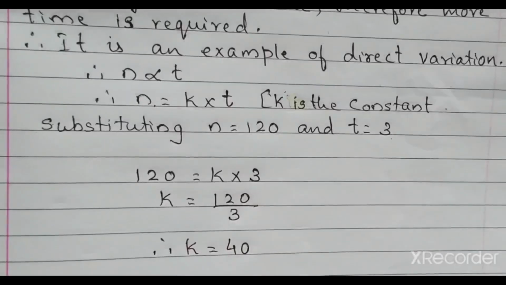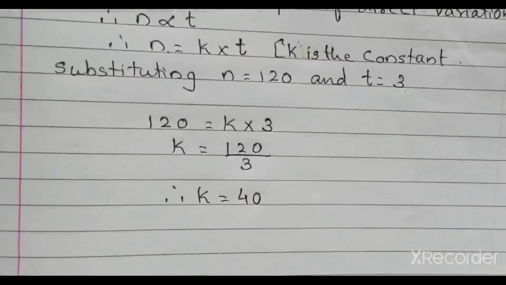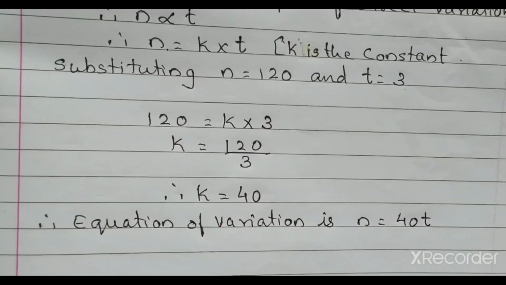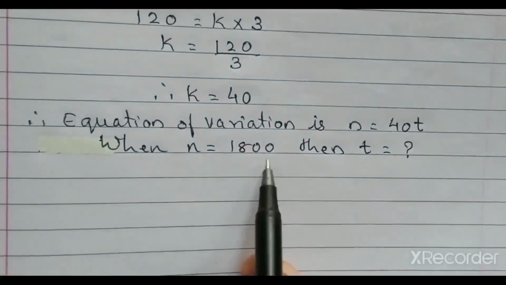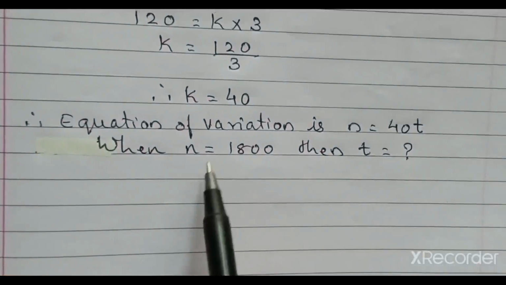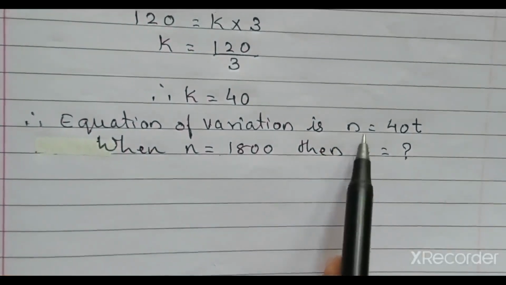Now you can form the equation of variation. Therefore the equation of variation is n is equal to 40 multiplied by t. Now let us find the time required to fill 1800 bags. So when n is equal to 1800, we want to find the value of t. So let's substitute the value of n in the equation.